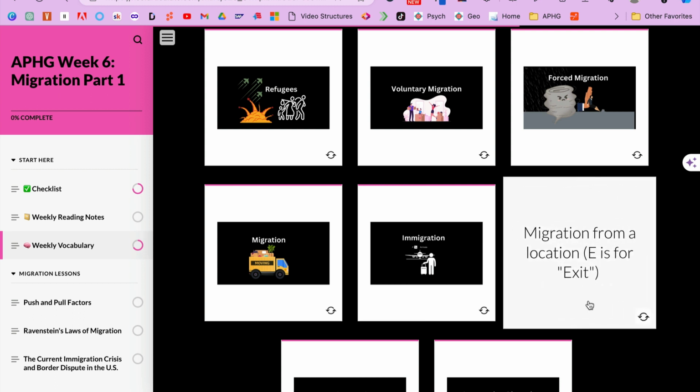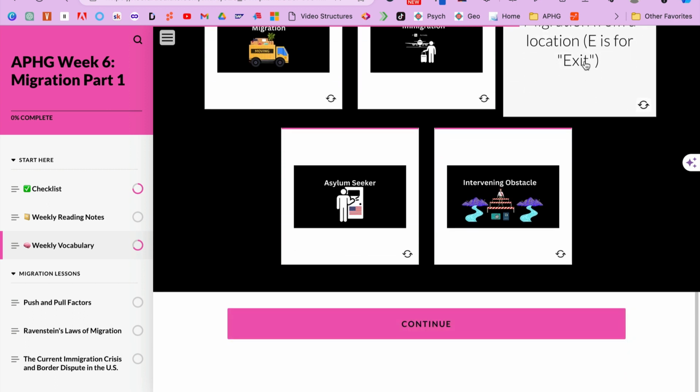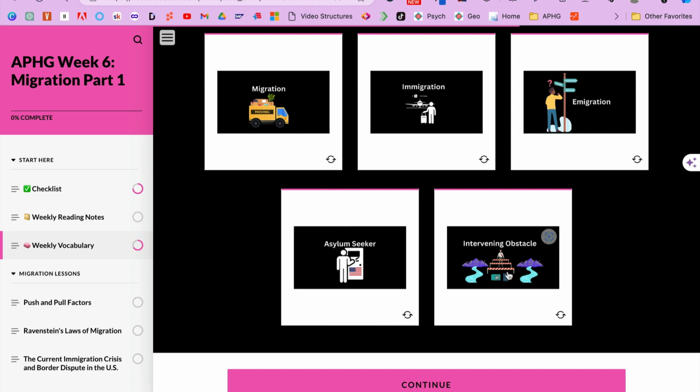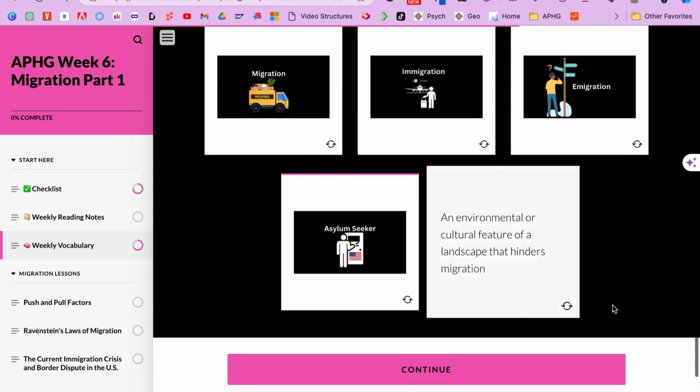Migration from a location. Again, remember E for exit. Asylum seeker: someone who has migrated to another country in hope of being recognized as a refugee. And an intervening obstacle is an environmental or cultural feature of a landscape that hinders migration.